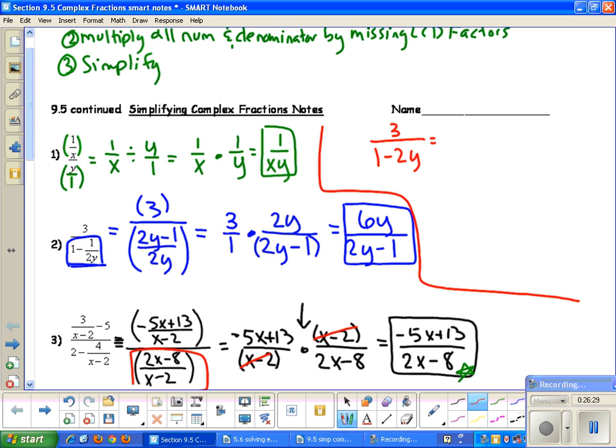So 3 is really over 1 if you want to write that, so that's like 3 over 1, and this is 1 over 1 minus 2y over 1. So my least common denominator of all my denominators would be, in this case, 1, so that doesn't really help me out at all. So that wouldn't really do much for my problem.